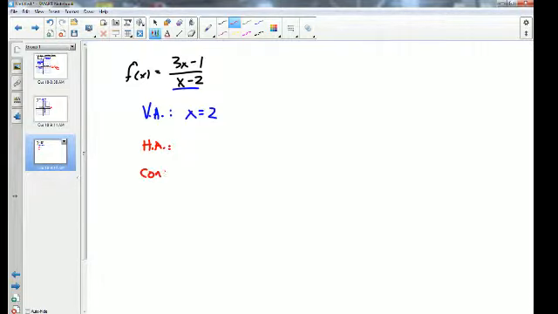Consider the highest exponent of x in the denominator and the numerator. So what's the highest exponent up here? X to the first, right? This is technically x to the 0, right? So we're going to use this here.